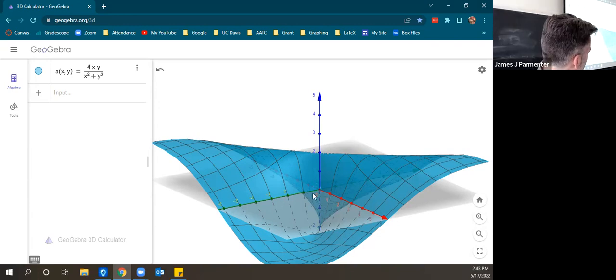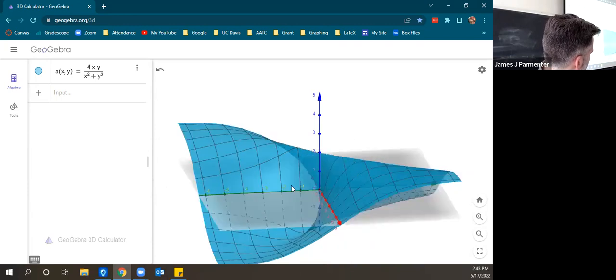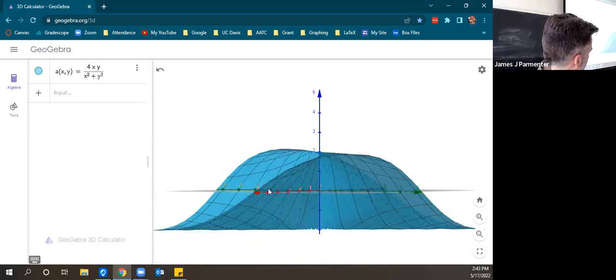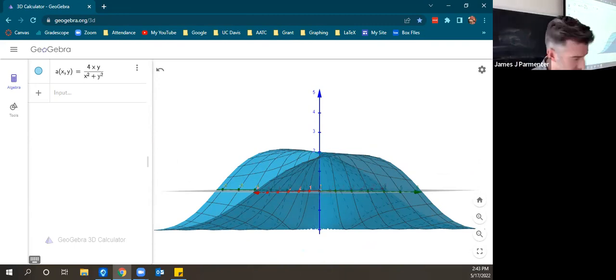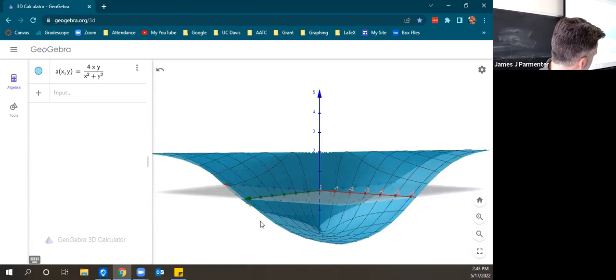Whereas if you come at it from the y equals 0 direction, I know it's kind of hard to see, but along either x equals 0 or y equals 0, you're getting a value of 0 the whole time. So from these two directions, you've got vastly different values, right? One's way up here, one's way down here. They can't be getting close to the same thing, so the limit can't exist. It's kind of neat. It's a pretty graph, I think. Okay, anyway.